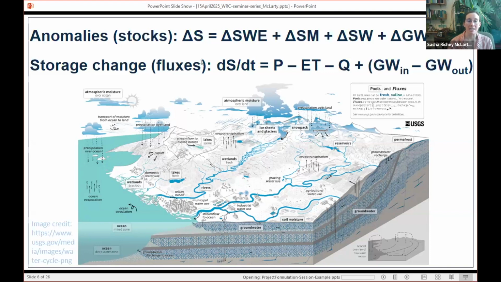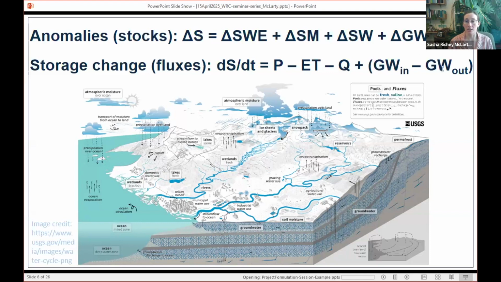Or we can think about changes in storage from month to month as precipitation minus evapotranspiration minus discharge, and then whatever groundwater flux in and out of your study area is present. So when we talk about anomalies, we're talking about length scales like millimeters or inches of equivalent water.